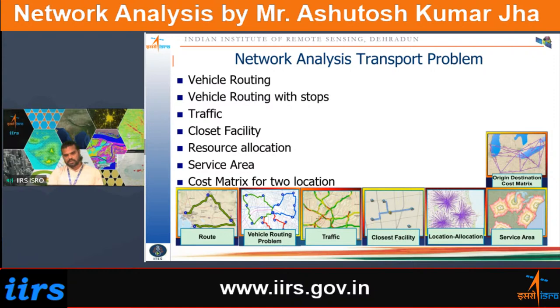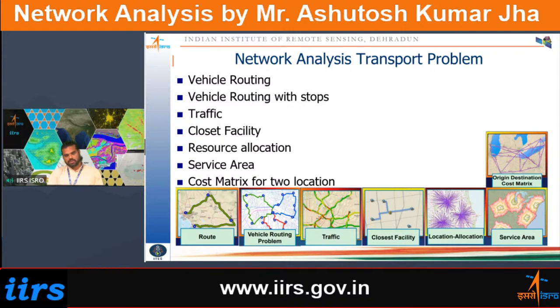So vehicle routing, routing with stops, traffic, closest facilities, resource allocation. That's another area of network analysis outcomes. In this case, you'll have one center of service facilities, and how you can connect multiple consumers to those services.